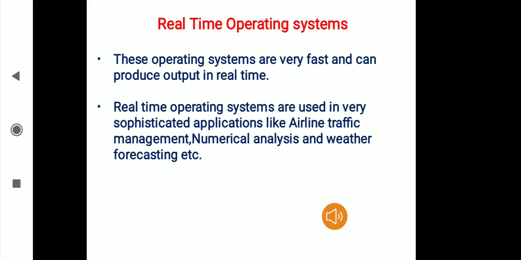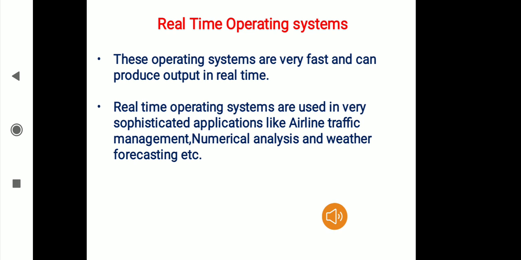Say for example, if you wish to book an airline ticket to a particular place at a particular date, then in such cases, the software should be able to give you accurate data at a prior time. So in such cases, real-time operating systems help in giving out the accurate data to the customers booking an air ticket.